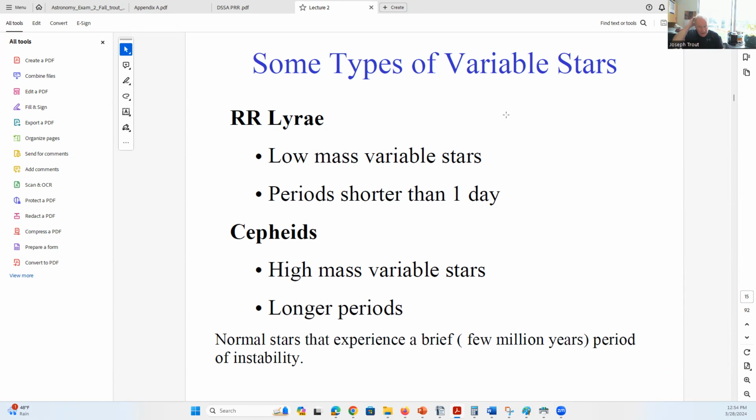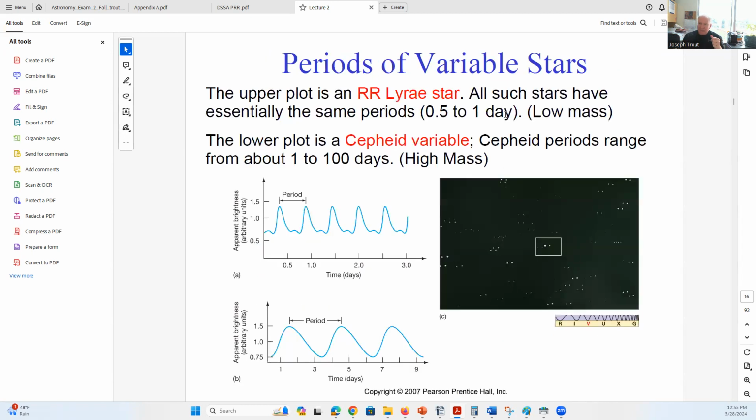So these low mass variable stars have periods shorter than a day, and the high mass variable stars have longer periods. Normal stars experience brief periods of instability lasting a few million years. So these will move back and forth and grow and shrink, and they become variable.